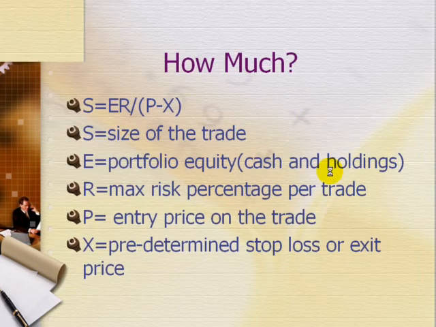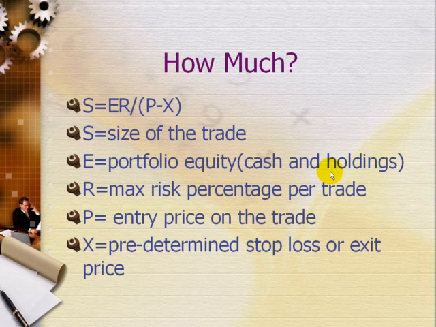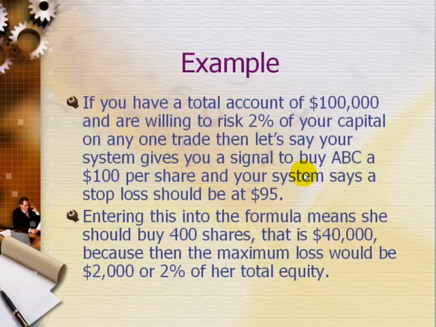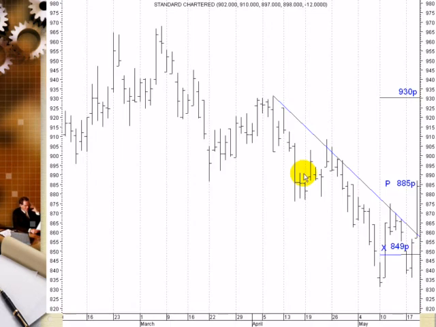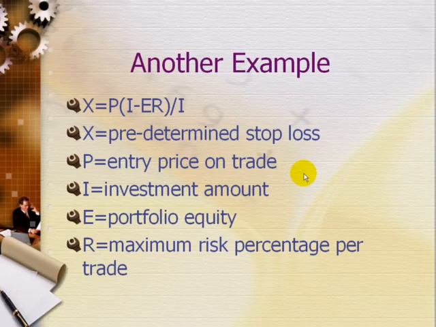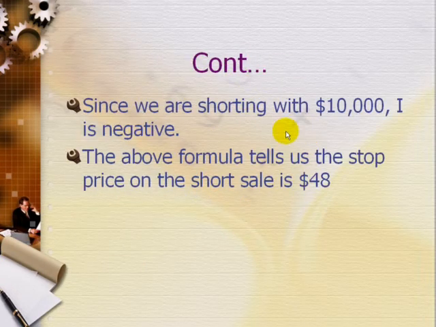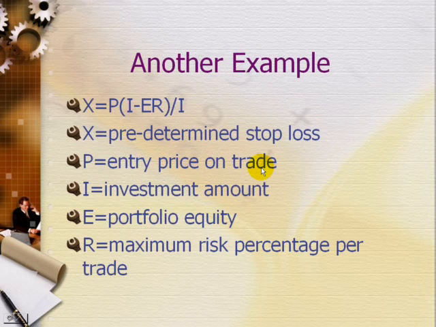Well, just having reminded you of that, what we're saying is we're going to short with $10,000. That's the figure we want to take here. And then the above formula, as I said, will tell us where we are. Predetermined stop is what we wanted. Entry price on the trade, investment amount, portfolio equity, percentage of risk per trade.